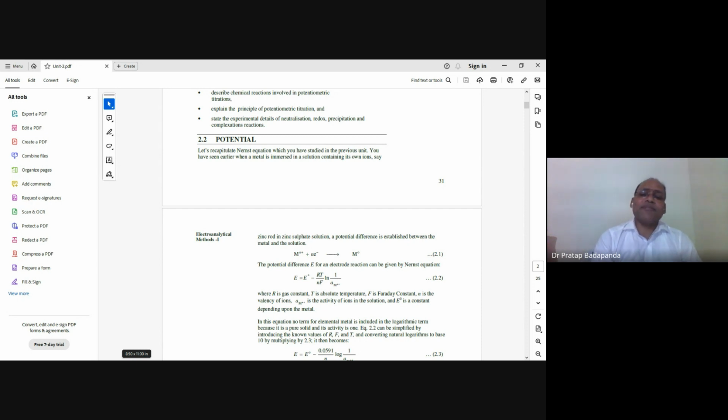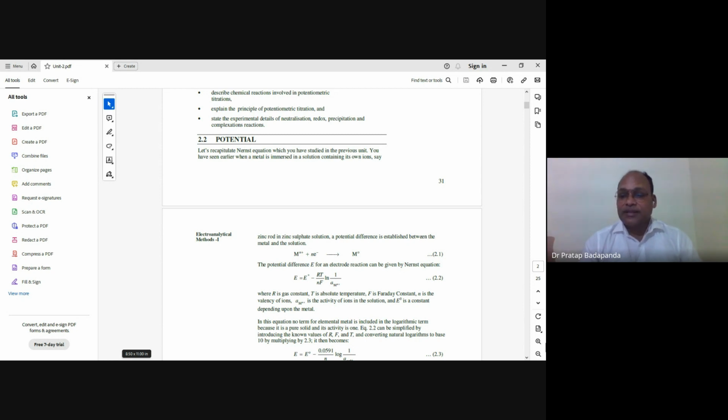Suppose you come to copper, which I already told you about: a copper electrode dipped into the copper sulfate solution. Then there is a potential difference between copper and the copper sulfate solution. Sulfate will be 2 minus, and copper will give 2 electrons. Now copper is not in a neutral condition. It is in the ionic condition, Cu 2 plus, because it is deficient by 2 electrons.